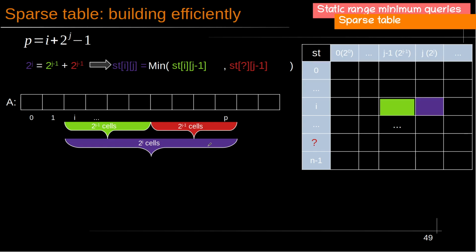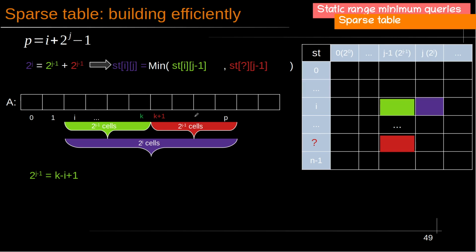The row, we can compute it easily. Let's say k is the end of the green part, the first 2 power j minus 1 cells, so the next one starts from k plus 1. If these cells end at position k, so the next 2 power j minus 1 cells start from k plus 1. It makes sense.